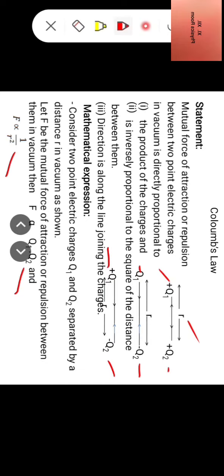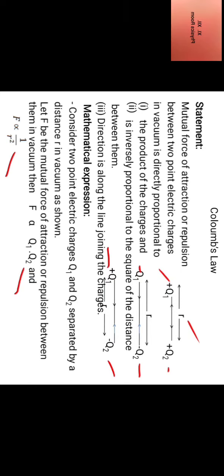Now we proceed to the combination of the two. If we combine the two statements written above, then F is proportional to Q1 Q2 divided by r square. We remove the sign of proportionality and introduce equality.